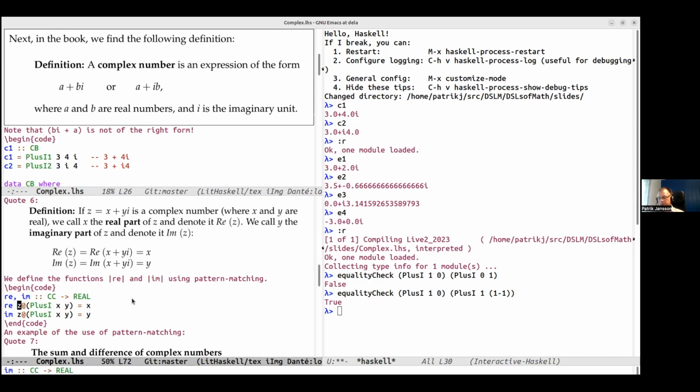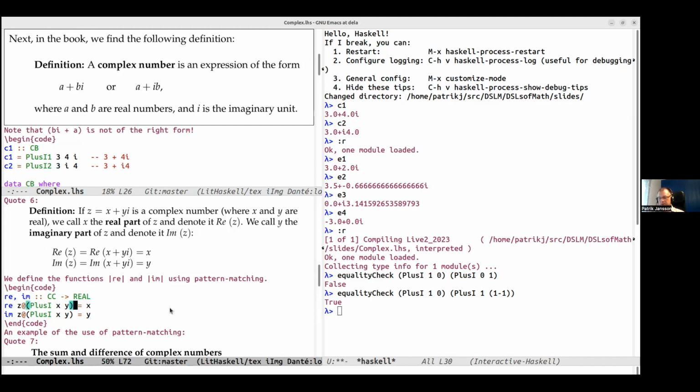And then I can pattern match. I can say the real part of z, and this @ sign means basically this equality here, saying z is actually equal to plus I of x and y. And that whole definition of this function applied to z is the x part of the real number.